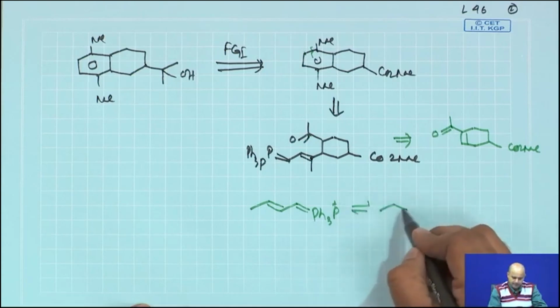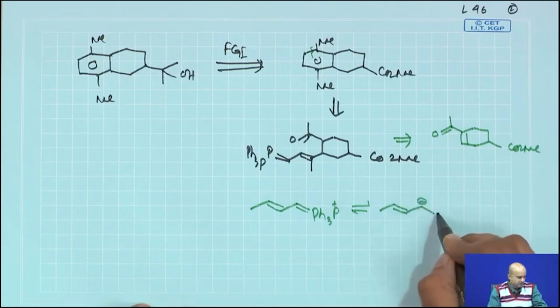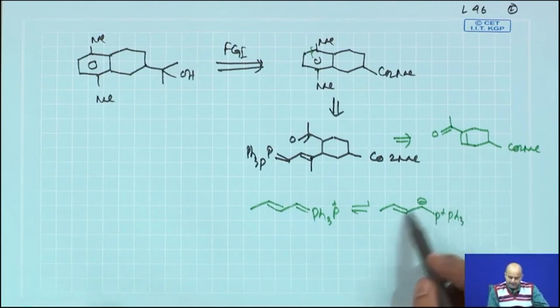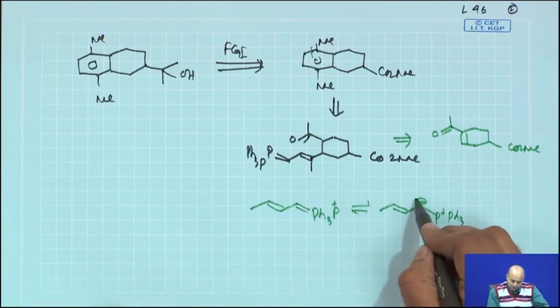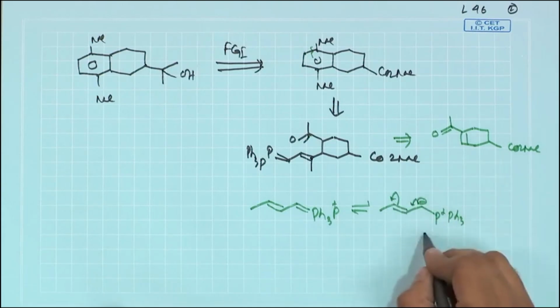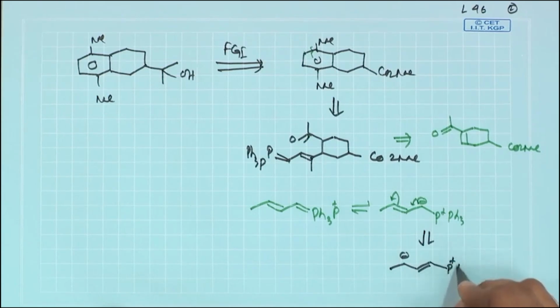It is a Wittig reagent where things are just like this. Now, eventually an allylic carbanion can also undergo resonance to give another resonating structure, where you have this.